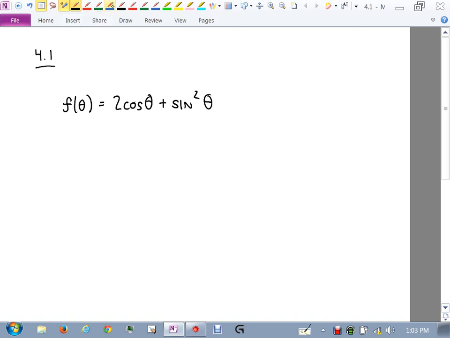So you have to be able to compute the derivative, which in this case, f prime theta would be negative 2 sine theta, because the derivative of cosine is negative sine, right? And then separate terms, so what's the derivative of sine squared? 2 comes out, this is chain rule, 2 sine theta, then the derivative of what's here, the derivative of sine theta is cosine theta.